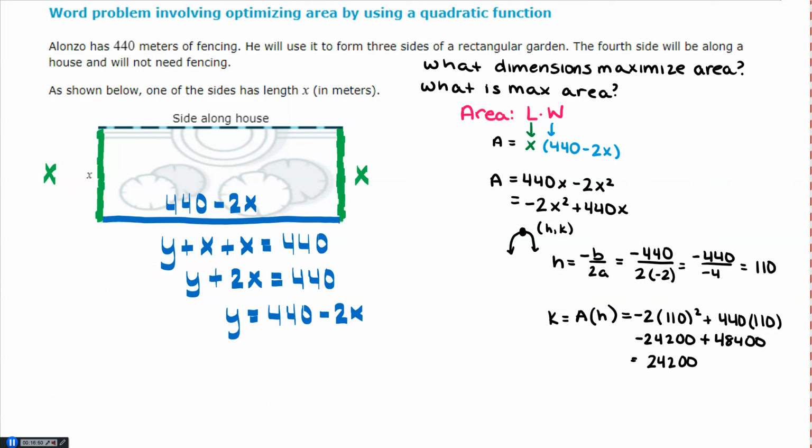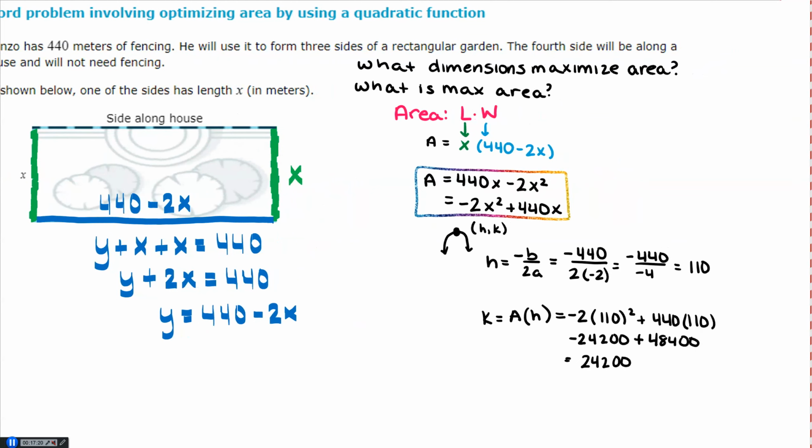Okay, now let's think about what these h and k mean. We use h and k in general, but we have to refer back to the function to decide what the input variable is and then the output variable. So your h is your input variable, k is your output variable. So here in my function called A, the input was x.